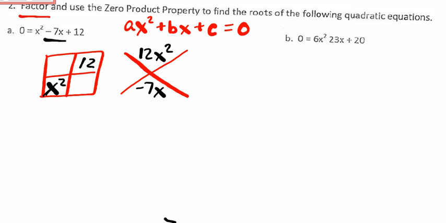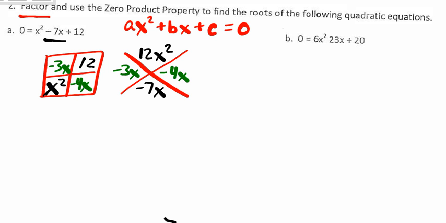So I could go negative 1 times negative 12, which doesn't work. Negative 2 times negative 6 doesn't work for my sum. Negative 3 times negative 4, that does work. So I have negative 3x and a negative 4x. Those multiply to 12x squared and add to a negative 7x. So I plug in my negative 3x and my negative 4x.